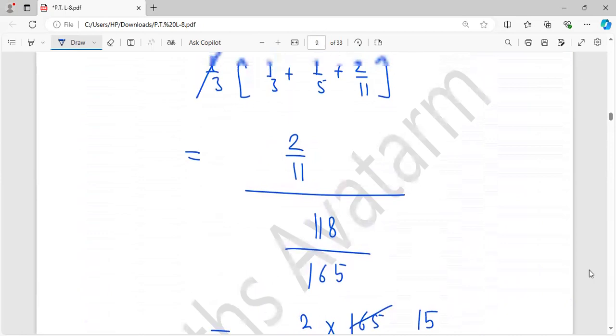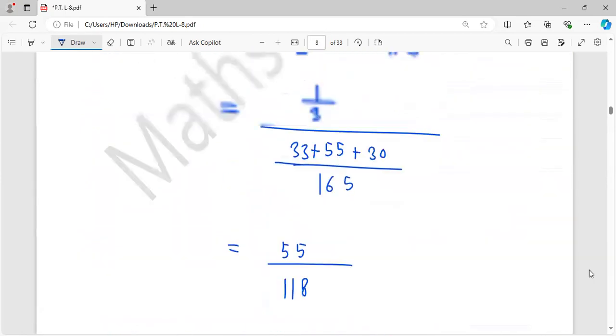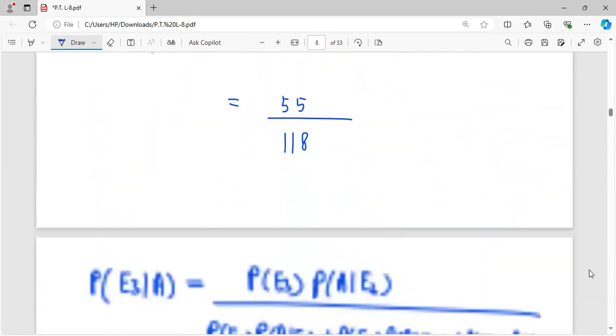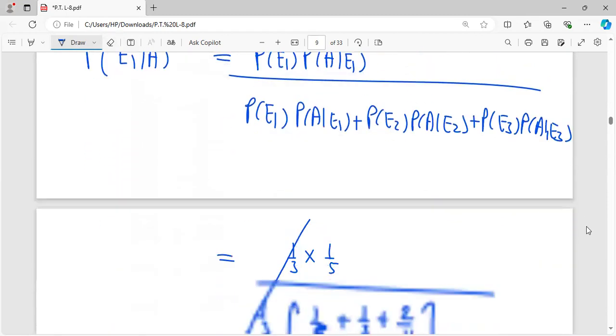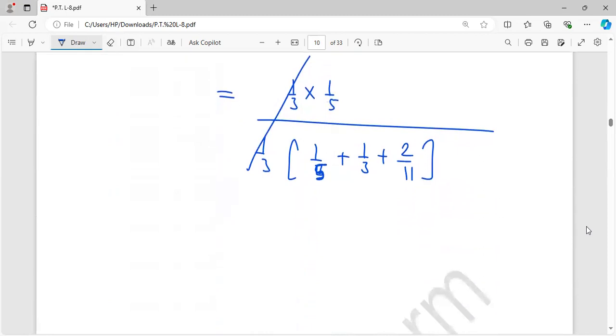So here is 1 upon 5, and 1 upon 3 is here. So what will we get?